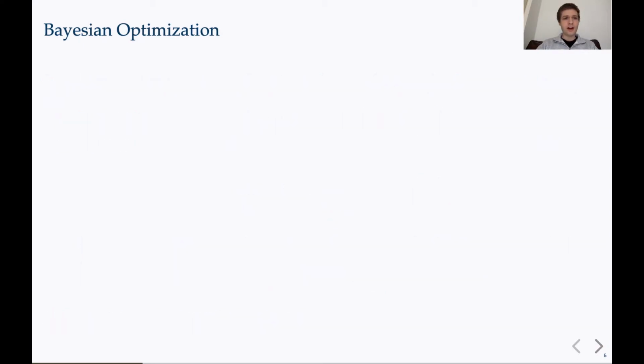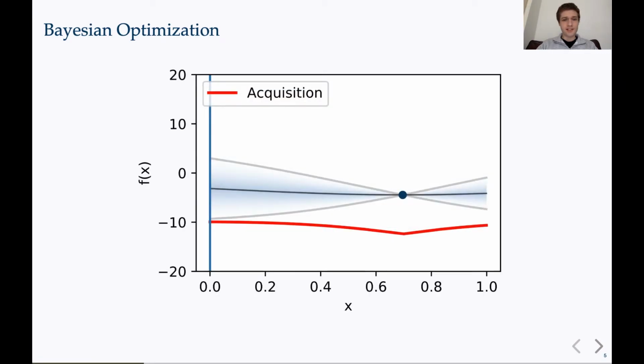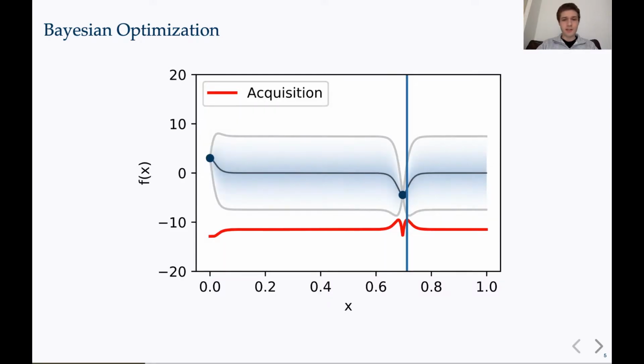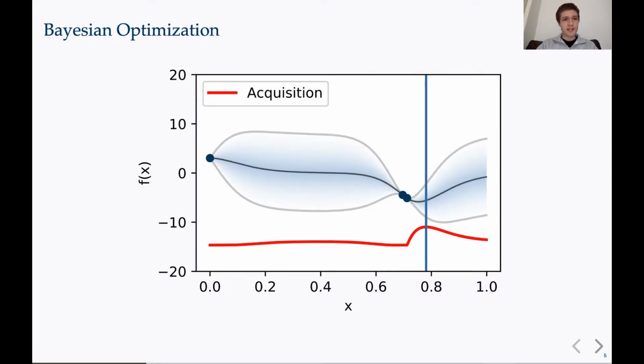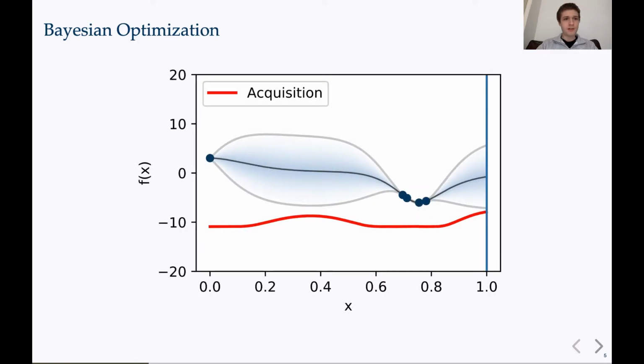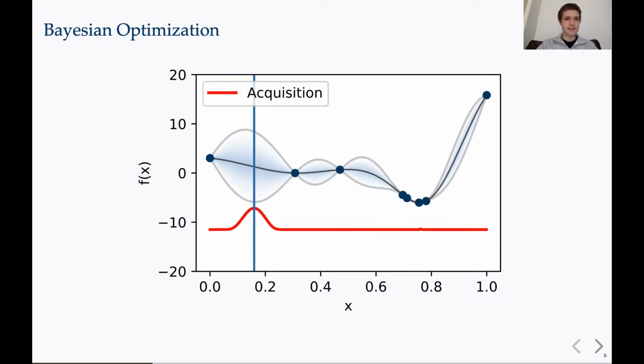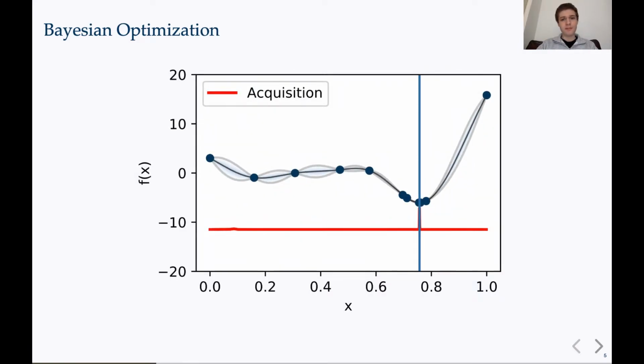Here, we evaluate the unknown function at a single point, building the Gaussian process posterior, whose error bars are shown. The acquisition function, shown in red, is maximized to obtain the next evaluation location. This process is repeated iteratively, obtaining better and better minima with less and less uncertainty as more information about the unknown function is obtained.